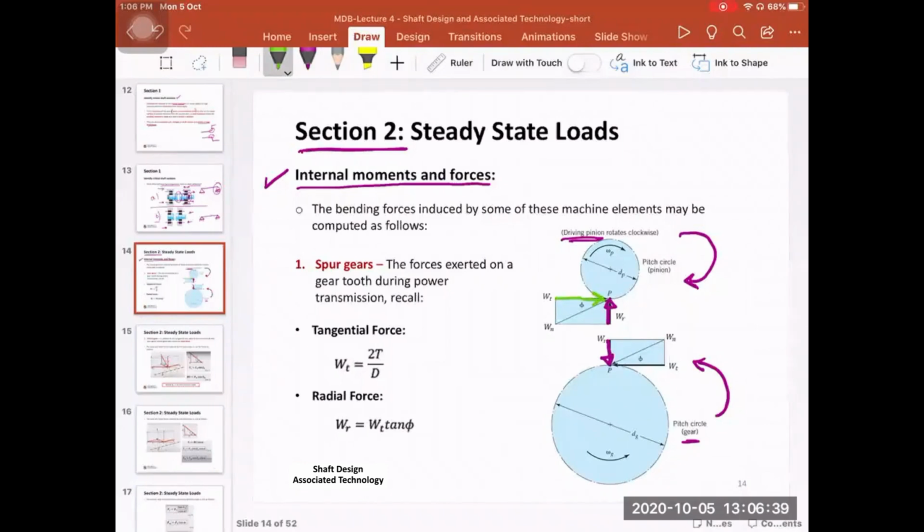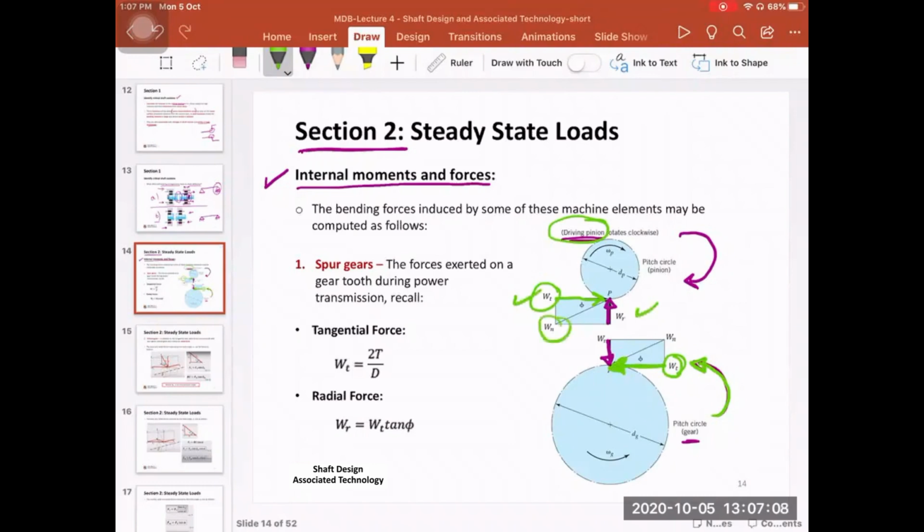The direction of the tangential force is quite important because if you go to the pinion, for example, the direction of WT is opposite to the direction of rotation. And if you go to the gear, you'll find that the direction of WT goes with the direction of rotation, right? And then these two forces, WT and WR, are perpendicular.